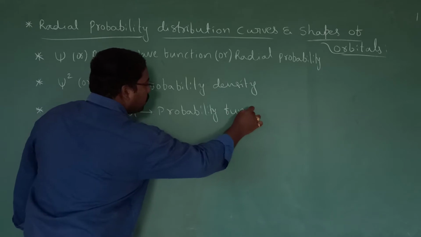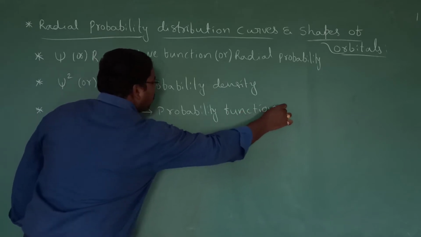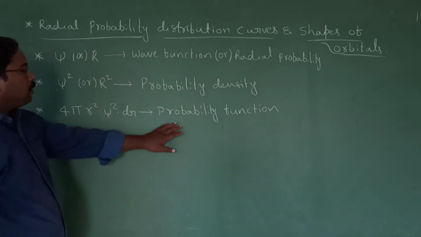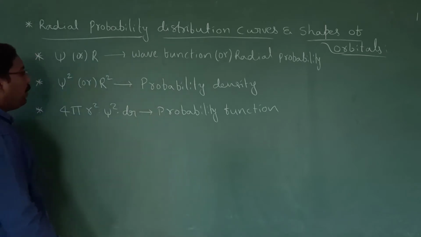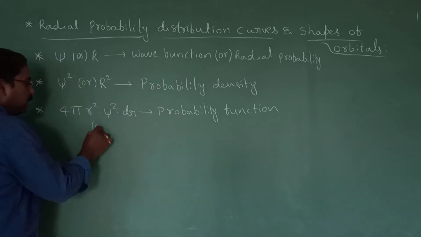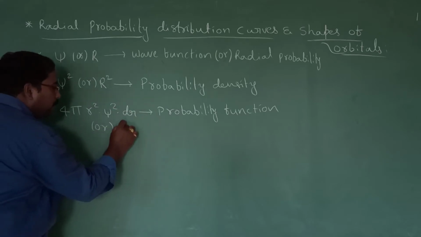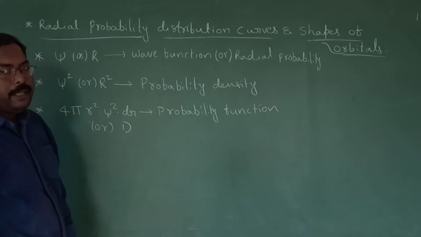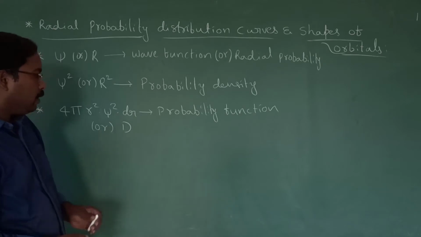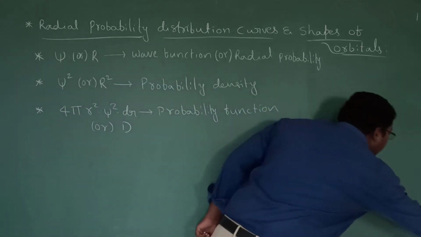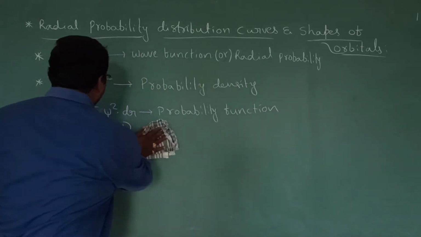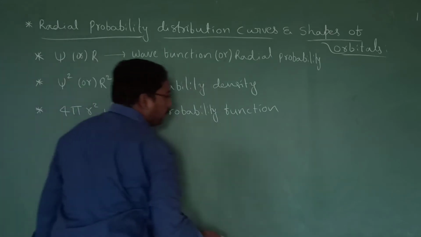This whole thing is known as the probability function. Instead of 4 pi r square psi square dr, they may represent this probability function as capital D also.